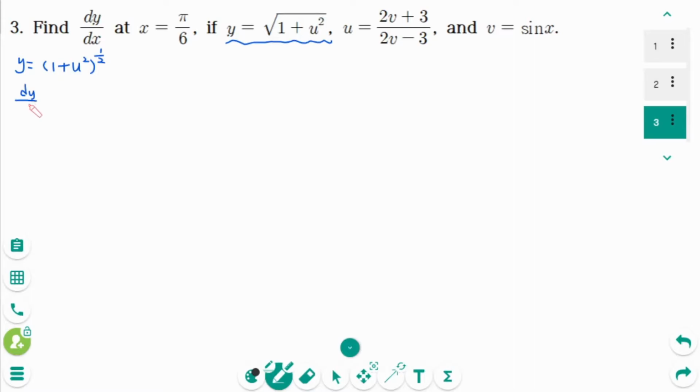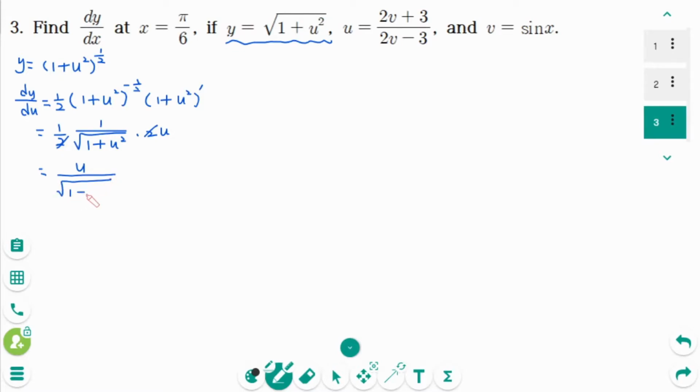Then dy/du equals 1 over 2 times (1 plus u squared) to the power of minus 1 over 2 times (1 plus u squared) prime, which equals 1 over 2 times 1 over the square root of 1 plus u squared times 2u. Then cancel, and we get u over the square root of 1 plus u squared.